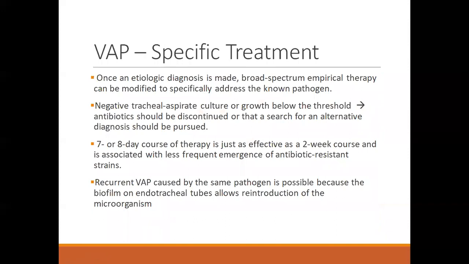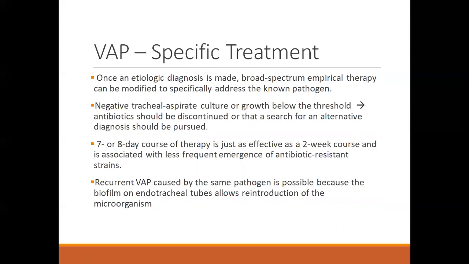Once the etiologic diagnosis is made, broad-spectrum empirical therapy can be modified to specifically address the known pathogen. If there is a negative tracheal aspirate culture or growth below the threshold, then antibiotics should be discontinued or a search for other alternative diagnoses should be pursued.